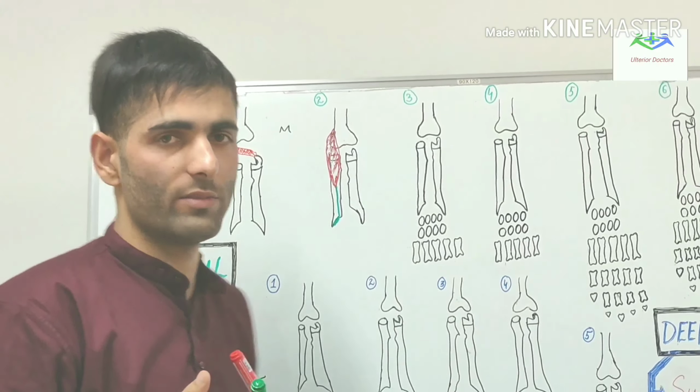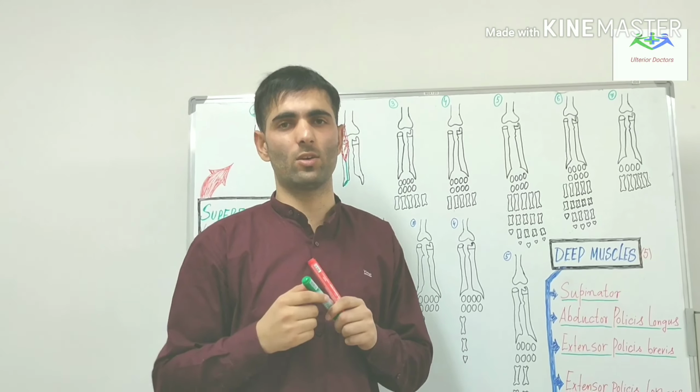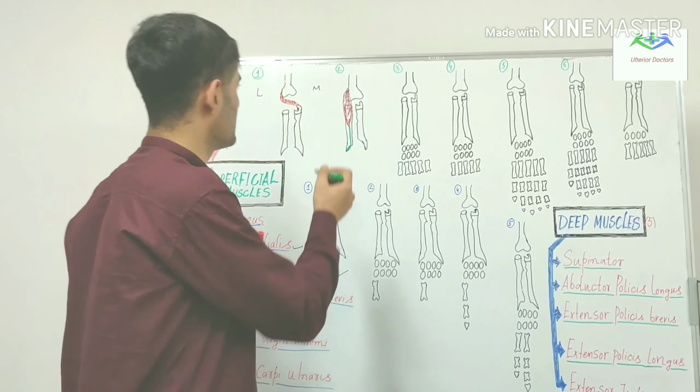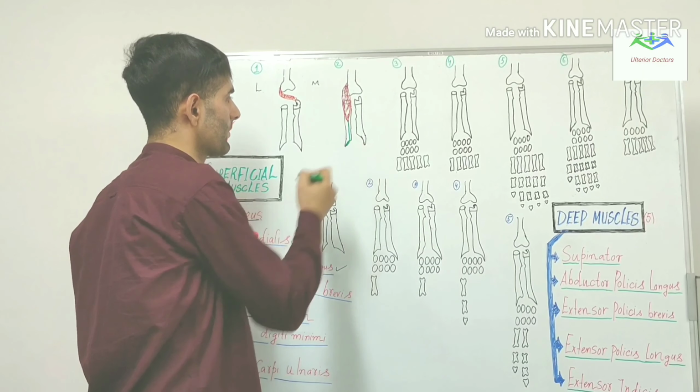The lower part of the radius has a process that is called the styloid process, where this muscle is inserted.